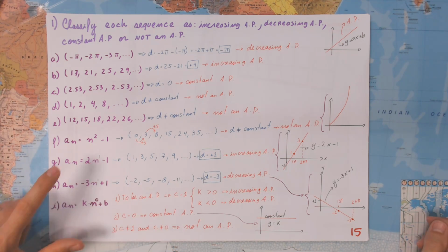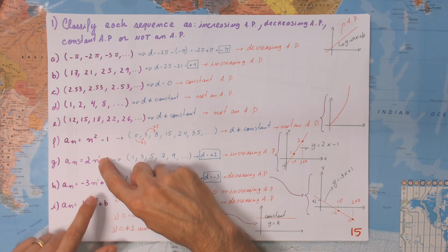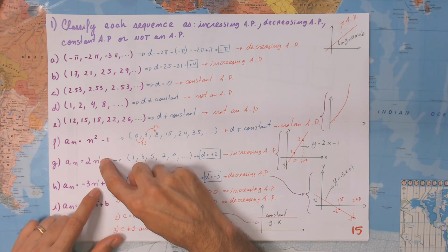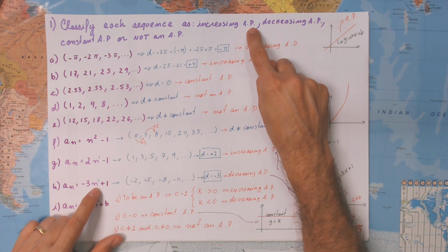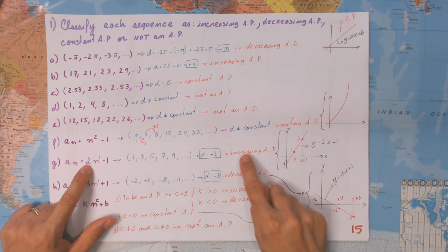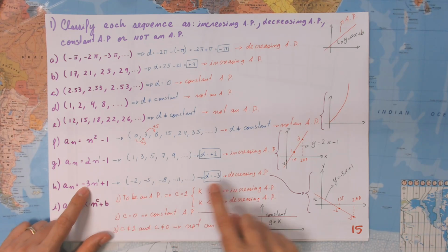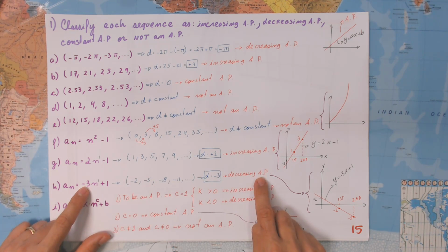I mean, yeah, this one, right? It is a first order degree in here, the power, okay, it is just 1. Then we know that it is going to be an arithmetic progression. If this is positive, it is going to be an increasing arithmetic progression. If it's negative, it is going to be a decreasing arithmetic progression.